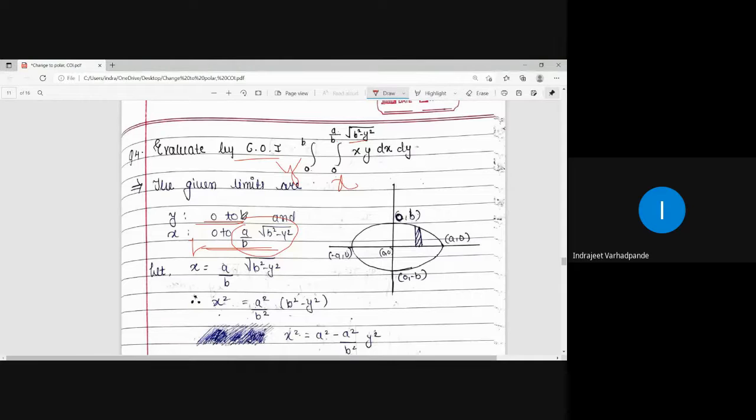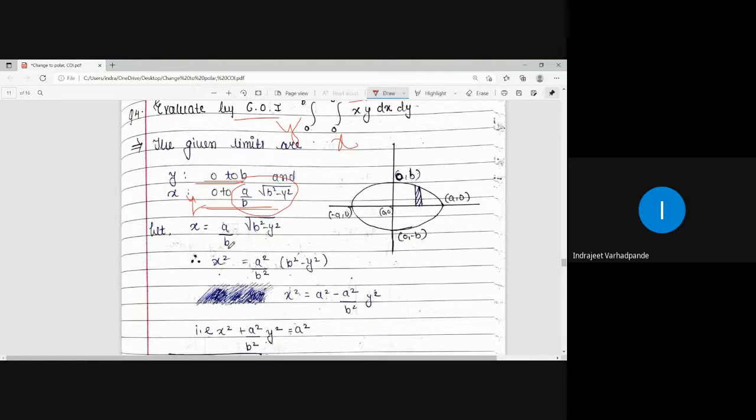Let us simplify this so that we try to get the region, because I am not able to interpret the region as of now looking at this. So x is equal to a by b under root of b square minus y square. Squaring both sides because we have to remove the under root. So x square is equal to a square upon b square into b square minus y square.